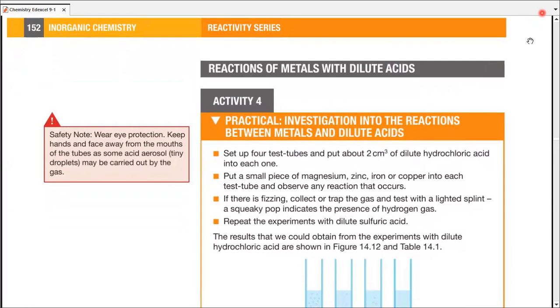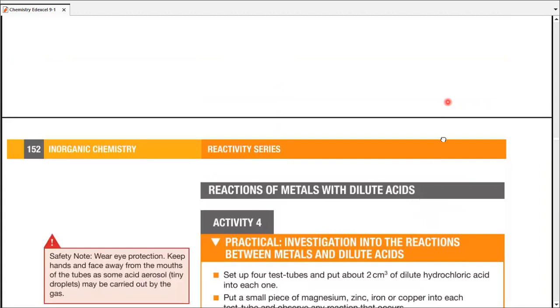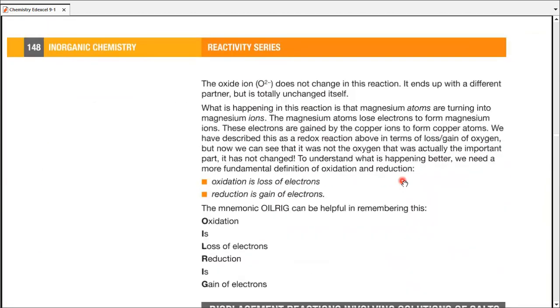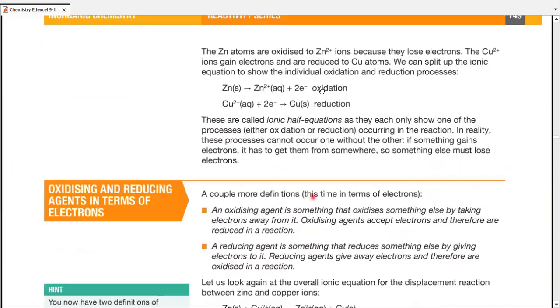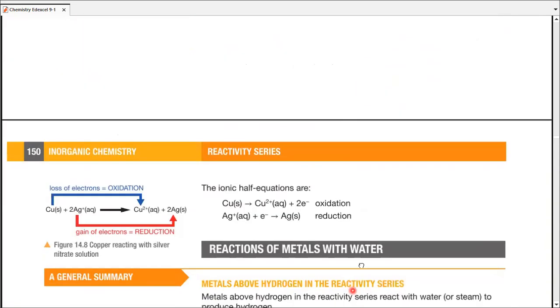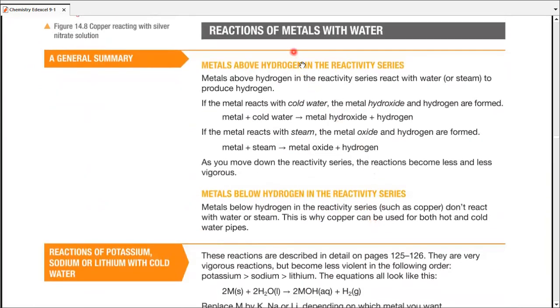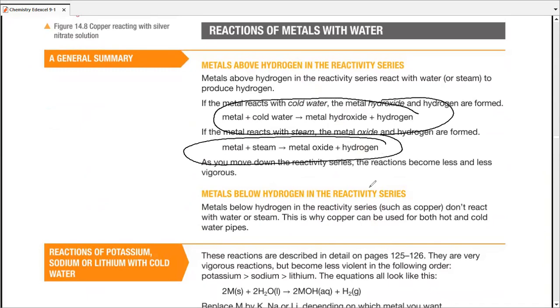All right. So, sir, how do they usually ask questions in the exam related to this topic? Okay, that's a really good question. Now, let me go a couple of pages back and let's discuss them one by one. If you look at these reactions, the first thing you need to remember is how the equation is going to go for it. So the first thing they might ask for is a word or a chemical equation with specific conditions.